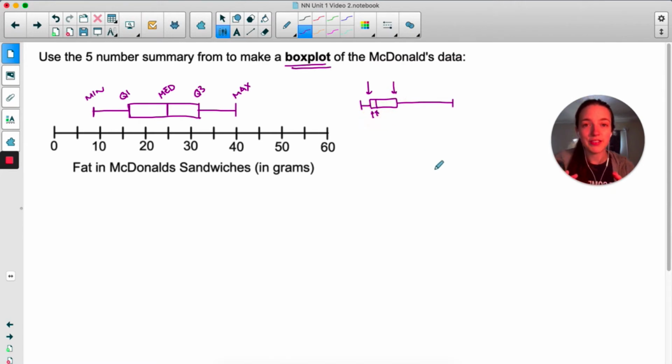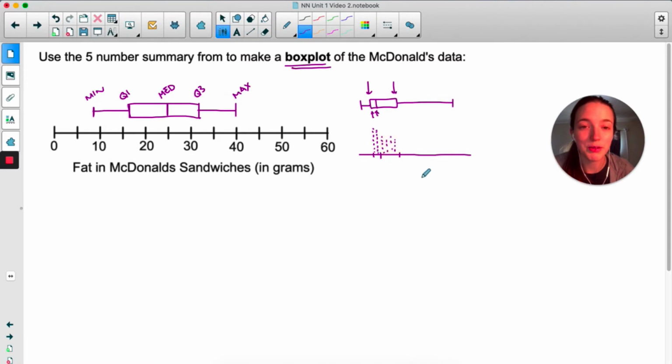You can use that to figure out what the distribution would look like if we were to make a dot plot. So if we were to line up an axis right underneath this, we know that 25% of the data is packed in this little tiny space from here to here. So there's probably very tall stacks of dots there. 25% of the data is here.